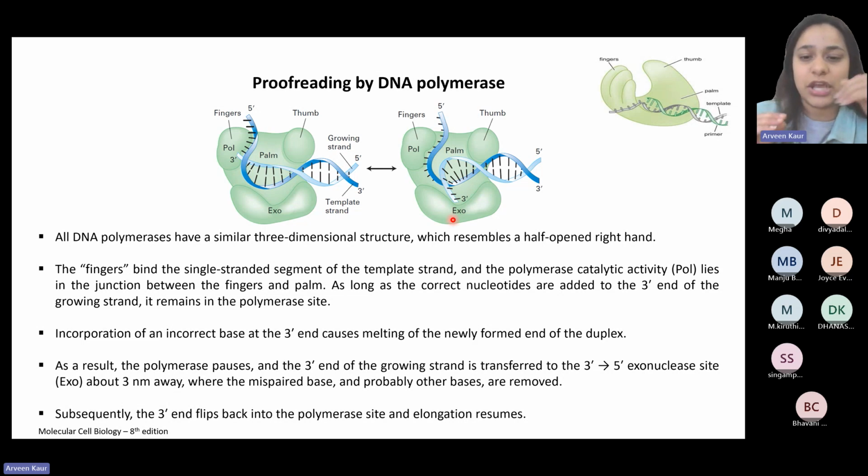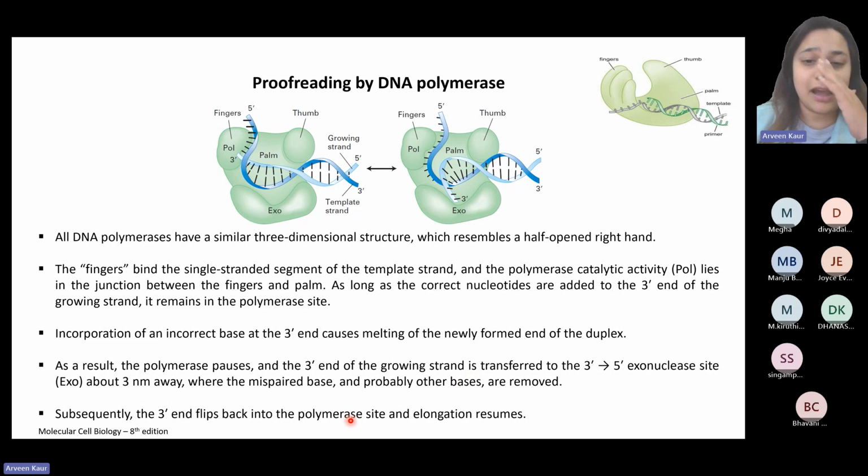It is 3' to 5', so it will remove nucleotides in the 3' to 5' direction. The other one was adding in the 5' to 3' direction. It is removing from the 3' to 5' direction. This site is about 3 nanometers away, and the mispaired base and probably other bases are also removed.